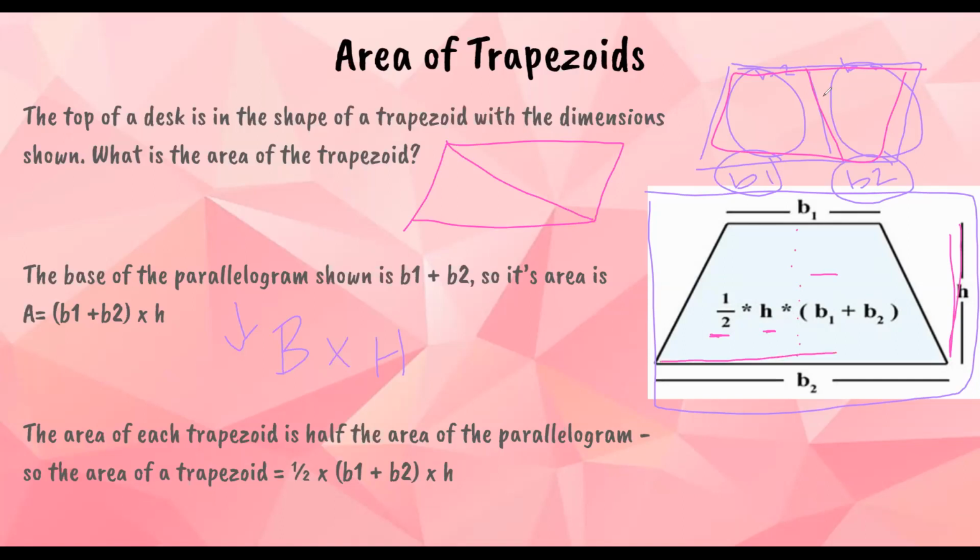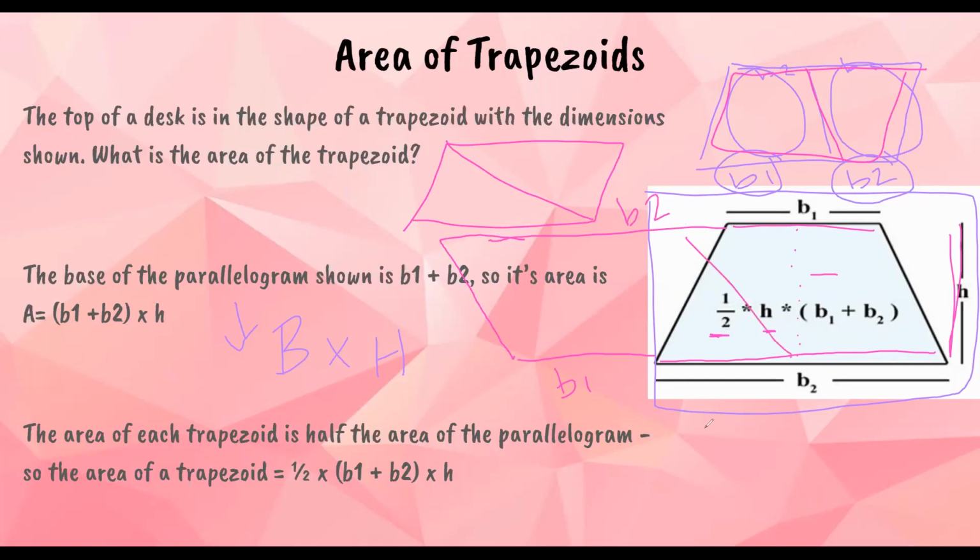Think about this. The bottom is base 2, the top is base 1. If I were to draw a trapezoid that matches this shape, and I'm trying to do the best that I can on a computer, it would be more out like that. I now have the top of this shape right here, and then the bottom of this same shape over here.